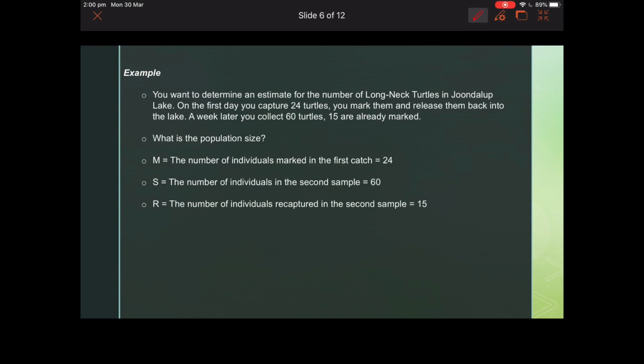We have our equation that says the number of individuals in the population is going to be M times S divided by R. So we input our data, 24 times 60 divided by 15. And that will give us an estimate of 96 turtles.